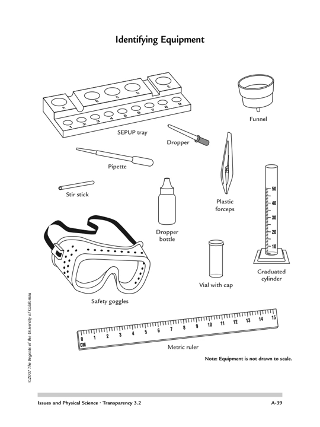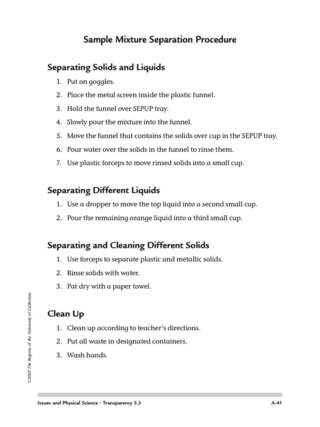That might be kind of cool for storing the solids in. Safety goggles, of course. We are working with hazardous materials. One of the materials does happen to be corrosive, which means it can burn your skin. And then a metric ruler. You're probably not going to use the ruler until it's time to start testing to figure out what the materials are. So those are the list of materials, and you're going to have to use all of the materials to make a procedure for how to separate the mixture.